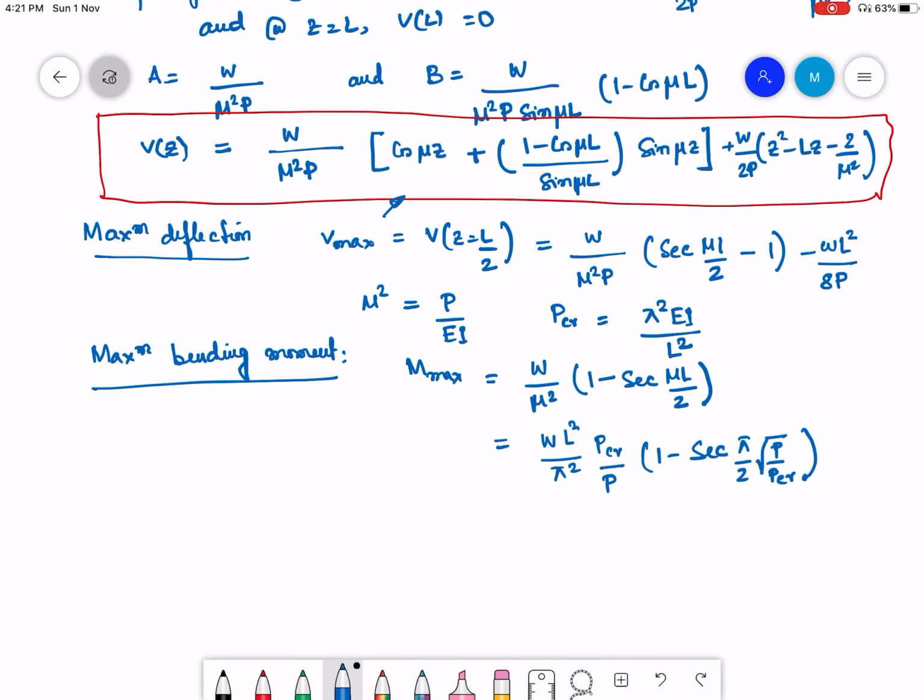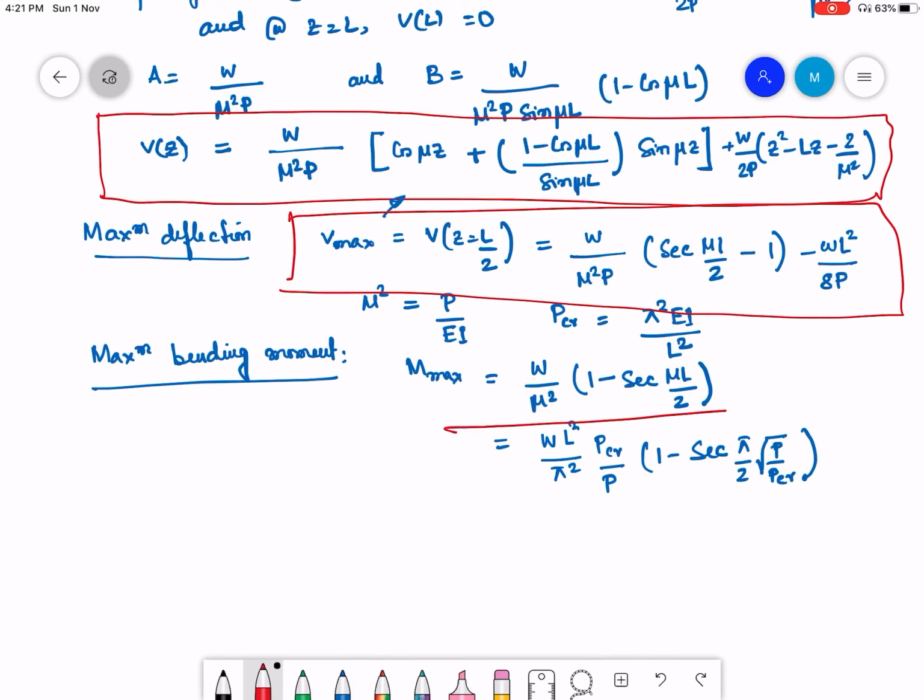Okay, so now let us look into these two solutions much more keenly: the value of the maximum deformation and the value of the maximum bending moment that is going to be produced.